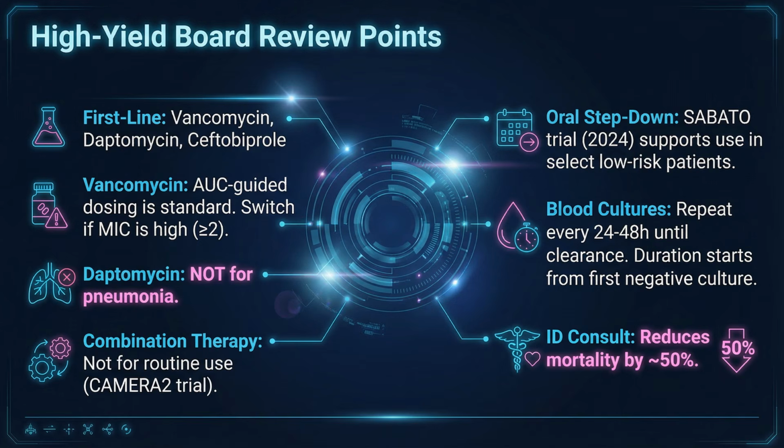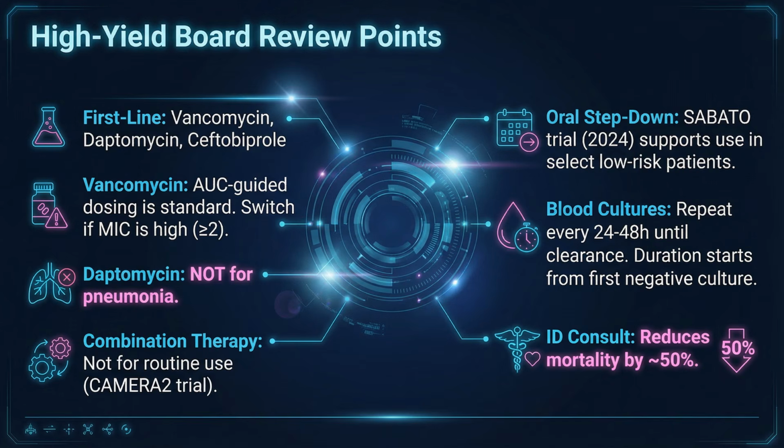Alright, let's summarize with some high-yield points for your board exams and clinical practice. First-line agents are Vancomycin, Daptomycin, and Ceftobiprole. For Vancomycin, use AUC-guided dosing, and consider switching if the MIC is high, at 2 or greater. Daptomycin is not for pneumonia.